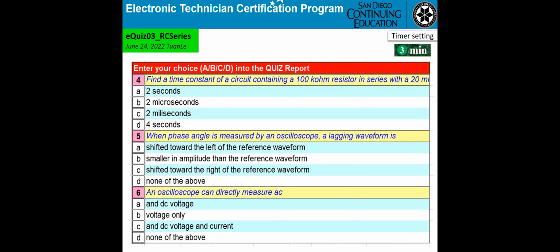It looks like 20 microfarad, so 100 e to 3 times 20 e to the negative 6. So yes, it's 20 microfarad. Okay, so let it go. 20 microfarad. Thank you. You're welcome.